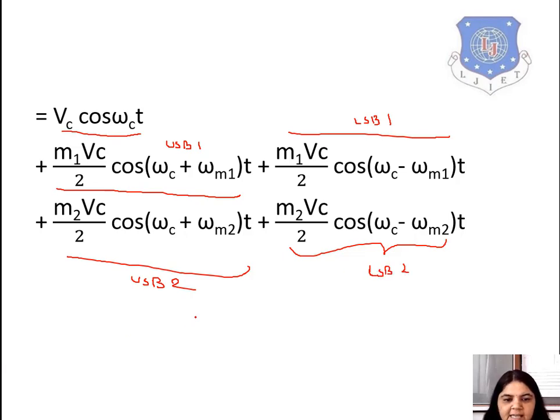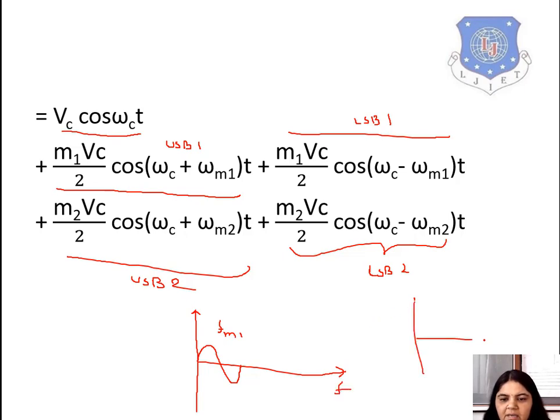So over here we have two frequencies. One is the modulating signal having the frequency fm1, and the other is another frequency, suppose fm2.